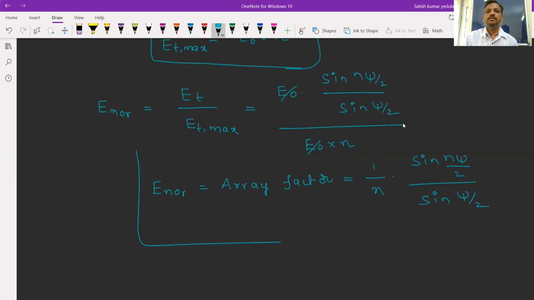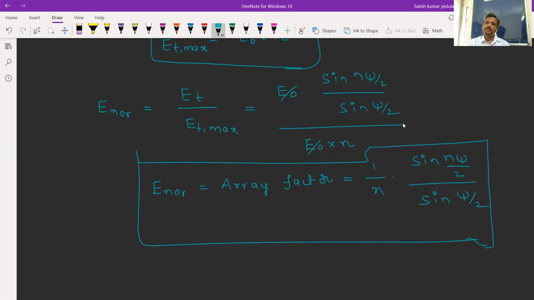This is the expression for the array factor for an n element array. Once you get this array factor, you can analyze the n element broadside array as well as the n element end fire array. We will see the complete analysis of both by using this array factor.